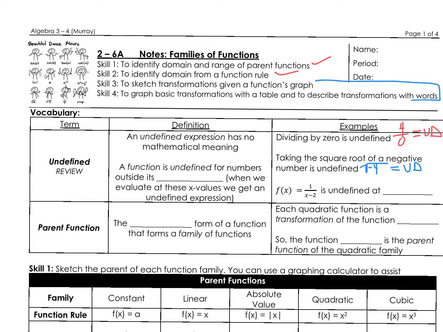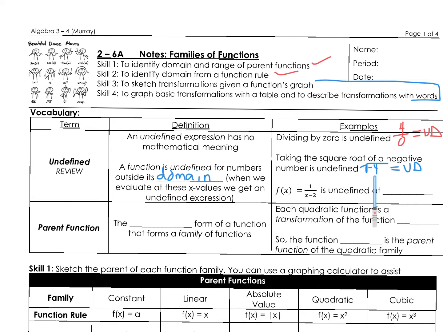All right, so then the other thing I want to discuss is a function is undefined for numbers outside its domain. So remember, domain are x values. In other words, when we evaluate at these x values, we get an undefined expression. So there are numbers that we can take the square roots of. We just can't take the square root of a negative number.